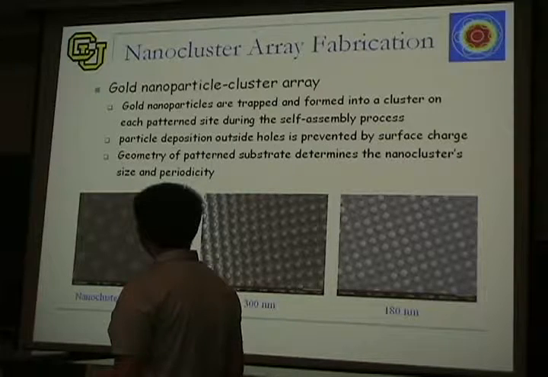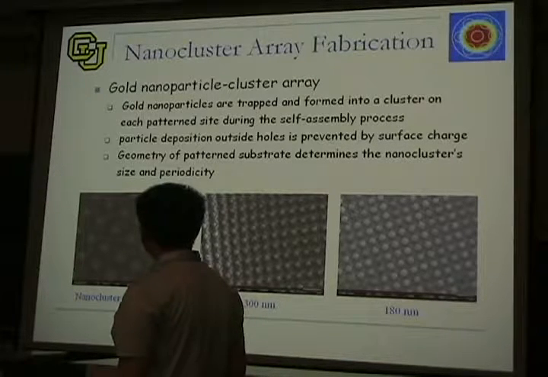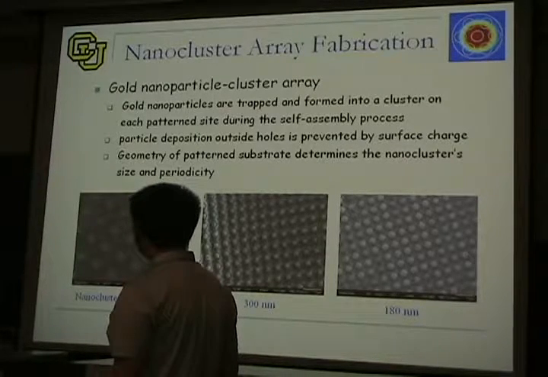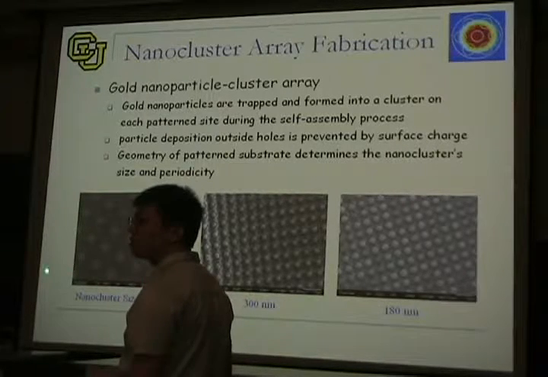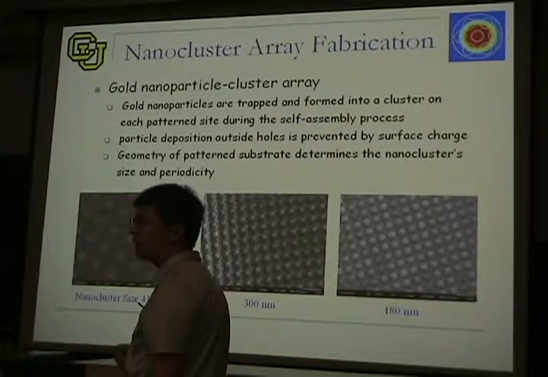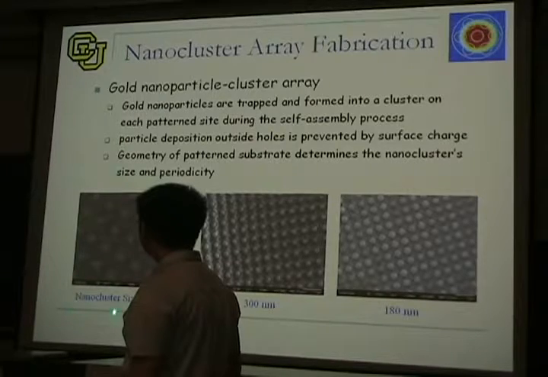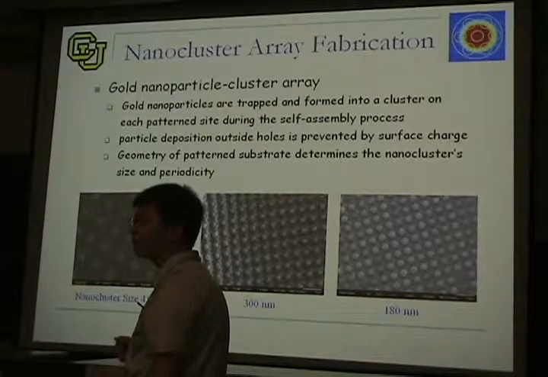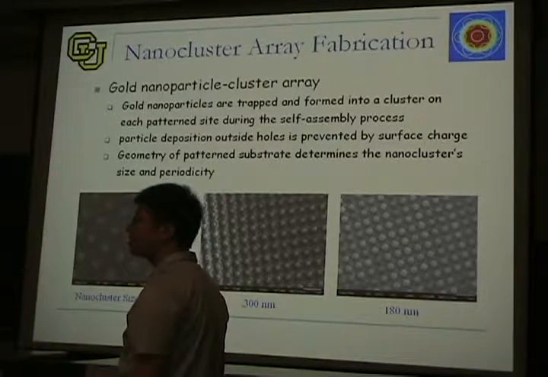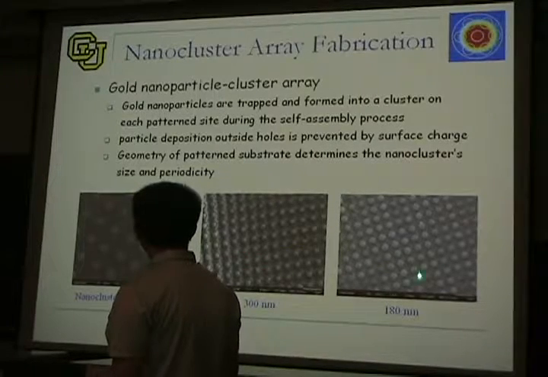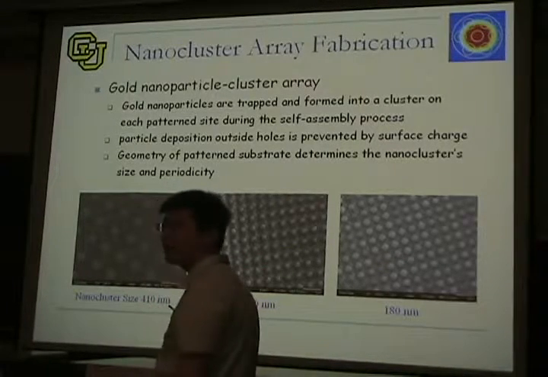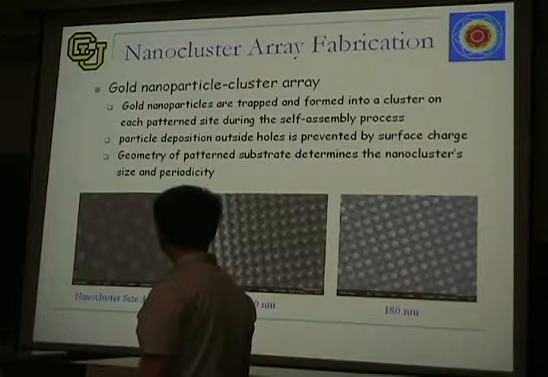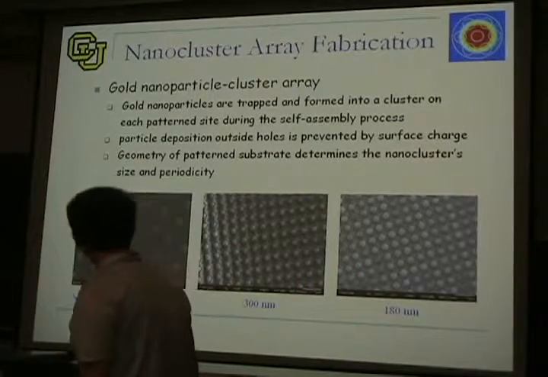In this way, those gold nanoparticles can be self-assembled into each nanohole and form a nanocluster. At the same time, the predefined pattern forms the nanocluster array. Those SEM pictures show the fabricated nanocluster arrays with different size and periodicity.